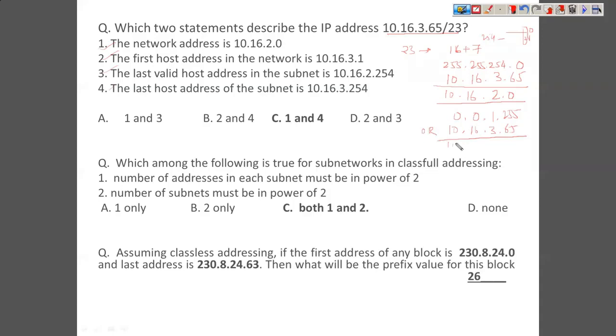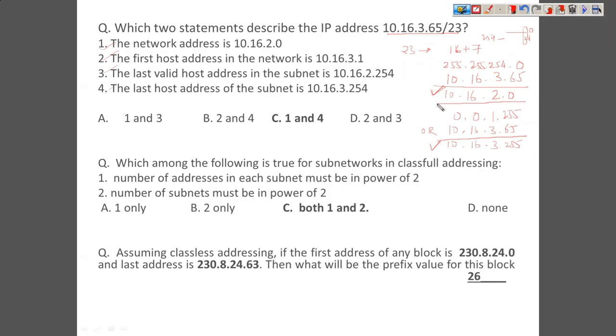So this is 10.16.3.255. So the first address is this, the last address is this. It will go from 16.2.0 to 16.3.255. So the network address is 16.2.0.